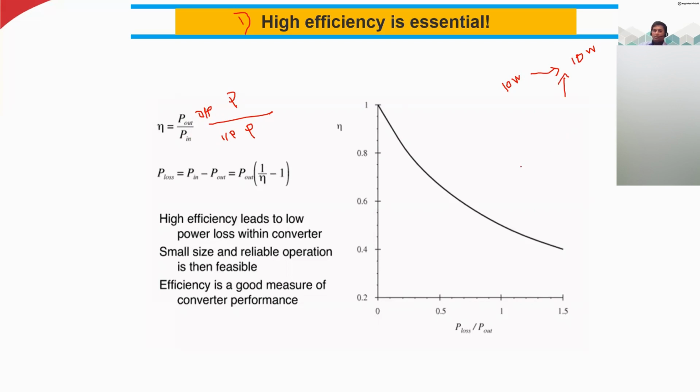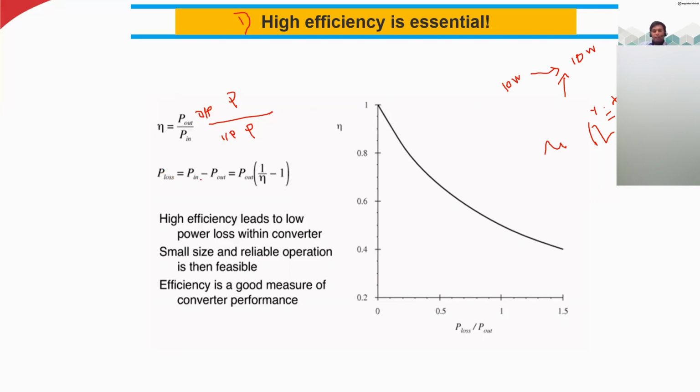Efficiency equals power output, 10 watts, divided by power input, 10 watts. To express it in percentage, multiply by 100. So 10 over 10 is 1, so that is 100. My efficiency is 100%. That is how we calculate the efficiency: power output divided by power input.